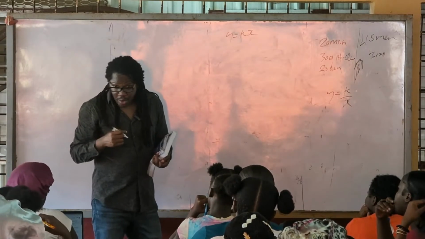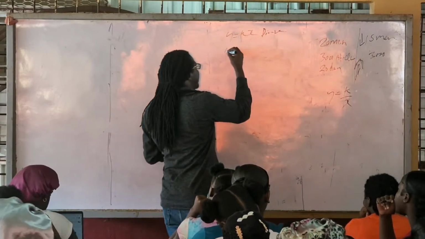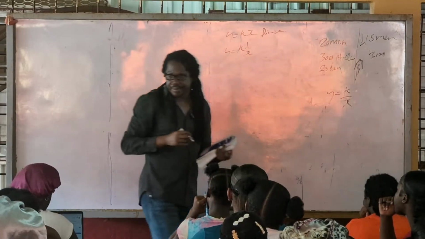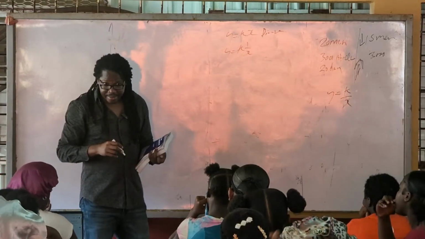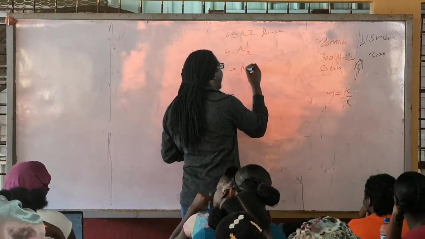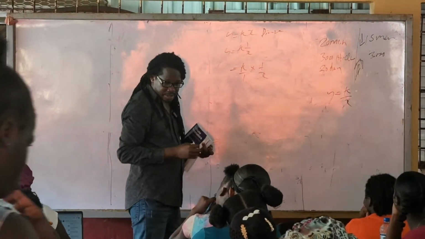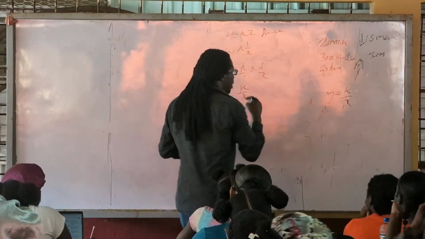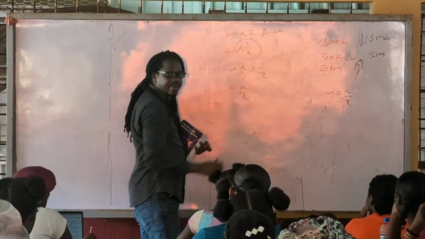So for direct, this is it; for indirect is y equal k times 1 over x. Now what that means is that this is equal to k over 1 times 1 over x, which means that it is k over x. So y equal k over x actually came from this.